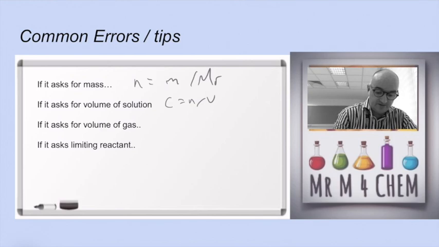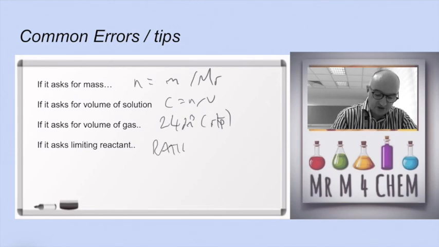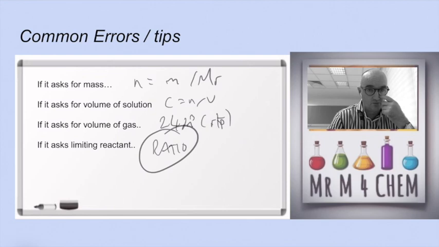Volume of a gas is 24. I know that that's at RTP. It's always 24. It's often not, but that's not on the IGCSE. And if it asks for limiting reactants, don't forget to do the ratio. The ratio will give you the answer that you seek.